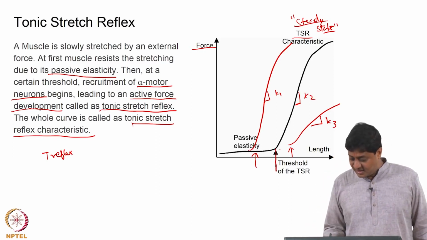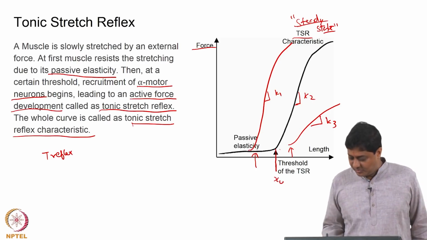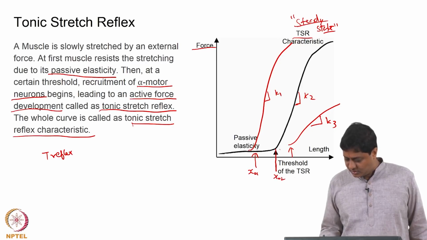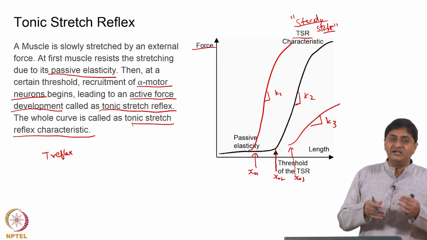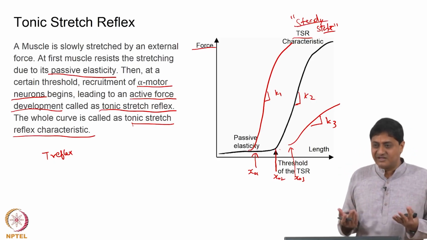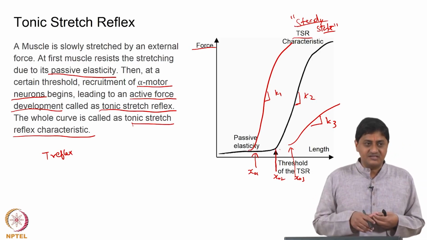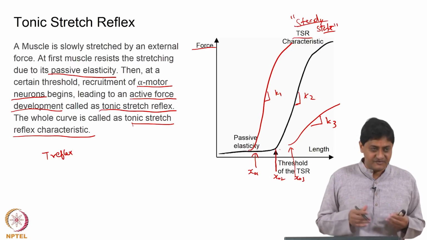If you consider this to be an x naught, the initial resting length of the spring, there are going to be multiple x naughts. I am going to call these x naught 1, x naught 2, x naught 3, etc. It seems like this muscle is a spring with multiple resting lengths and with multiple stiffnesses, or in other words it is not exactly a spring. A real spring, at least in engineering parlance, a spring as an engineering system, has a resting length and has a stiffness.